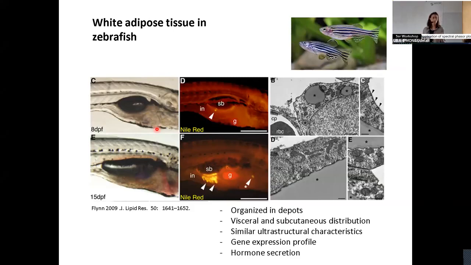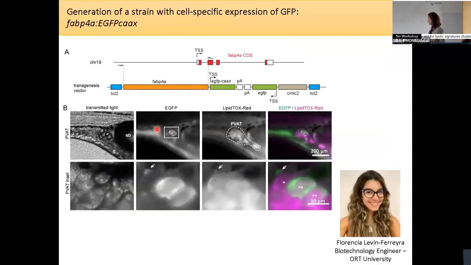We weren't able to see earlier stages of development where there was no accumulation of fat. So the idea was first to develop a new fish line to label the cell membrane of the adipocytes.